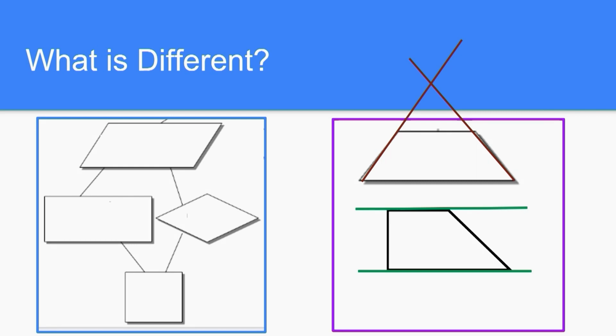The shapes in the blue box have two sets of parallel sides. Can you find the two sets of parallel sides on each shape in the blue box?